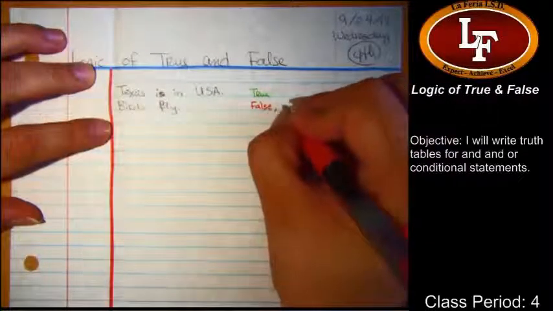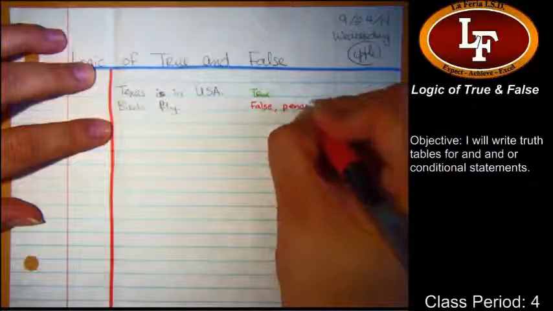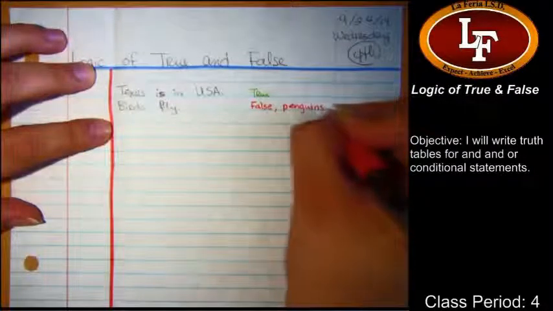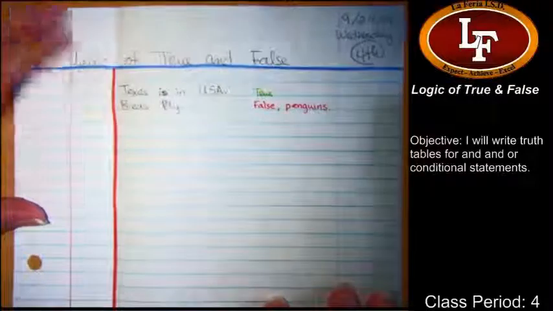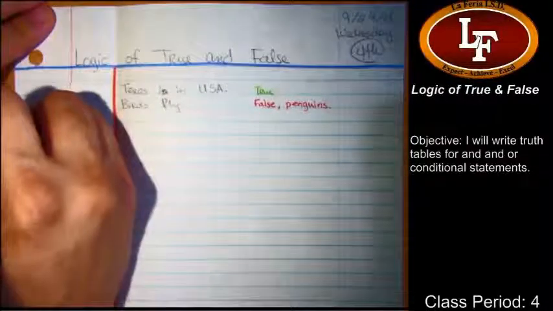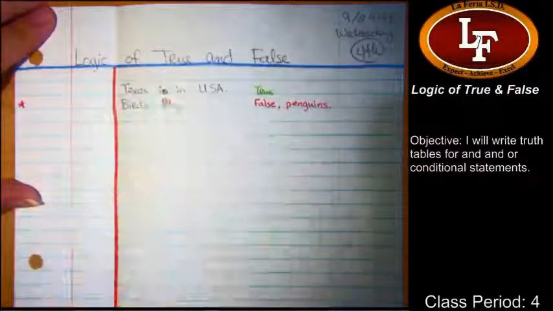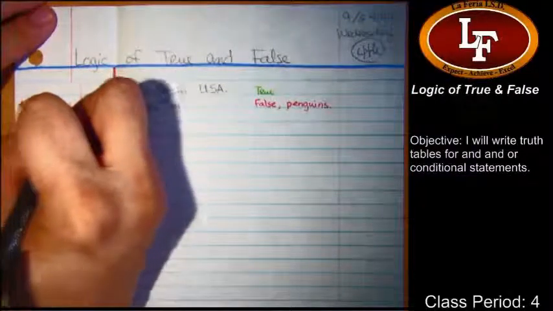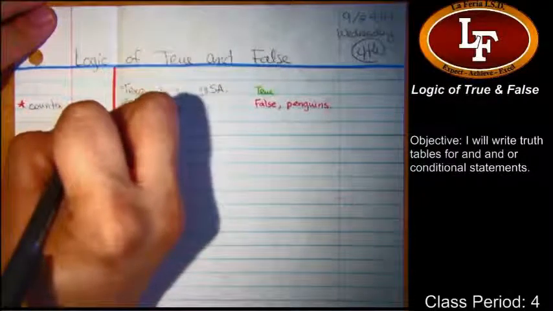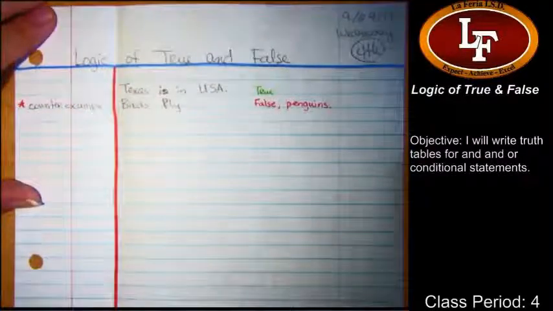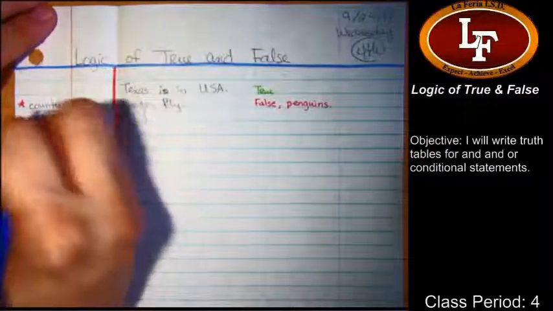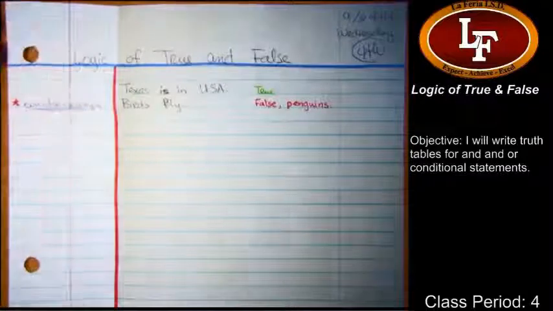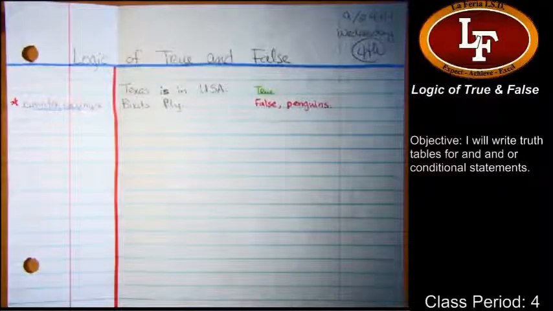And the counterexample you gave was penguins, because penguins don't fly. That's the first big important thing that you guys already did naturally: give a counterexample. The statement was birds fly, and you countered with penguins don't fly, and penguins are birds.